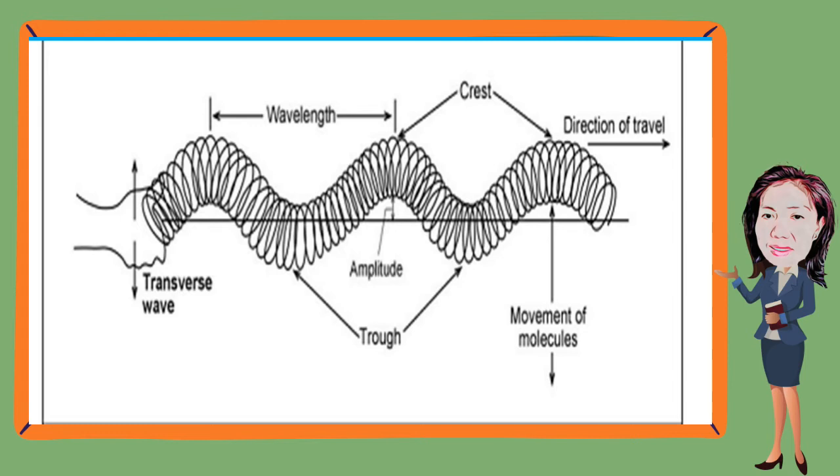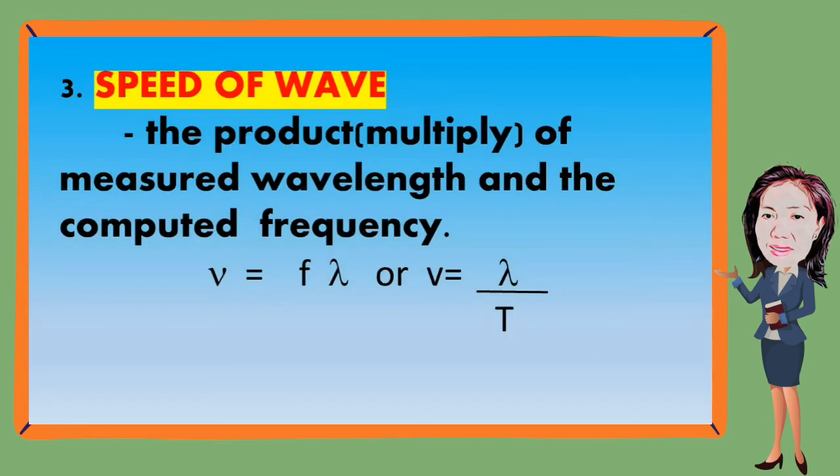So what is now the speed of sound? Balikan natin. It's the product of measured wavelength. The measured wavelength is how much gani yun? Ilang wavelength nakita natin doon sa sample natin? 2. Actually, the symbol of wavelength is parang baliktad na Y. Okay?